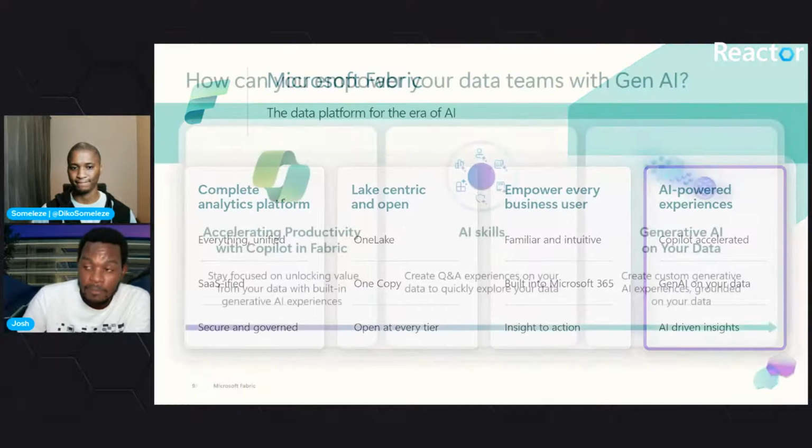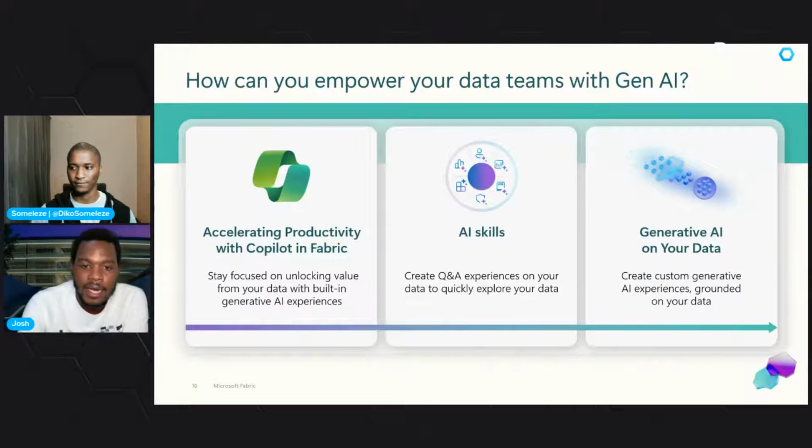Now, as part of today's conversation, our focus is directly centered on AI-powered experiences within Microsoft Fabric, and we're going to see how exactly these AI-powered experiences enable and empower your teams when you're using Microsoft Fabric.